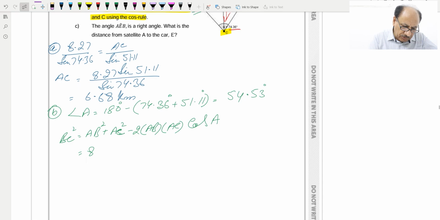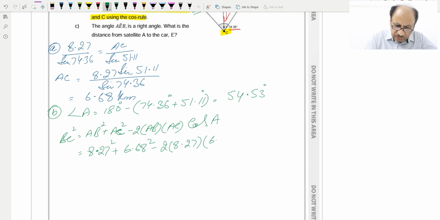So 8.27 square plus AC, which we just found, 6.68 square, minus 2 into 8.27 into 6.68, and cos of the angle we just found, 54.53 degrees.